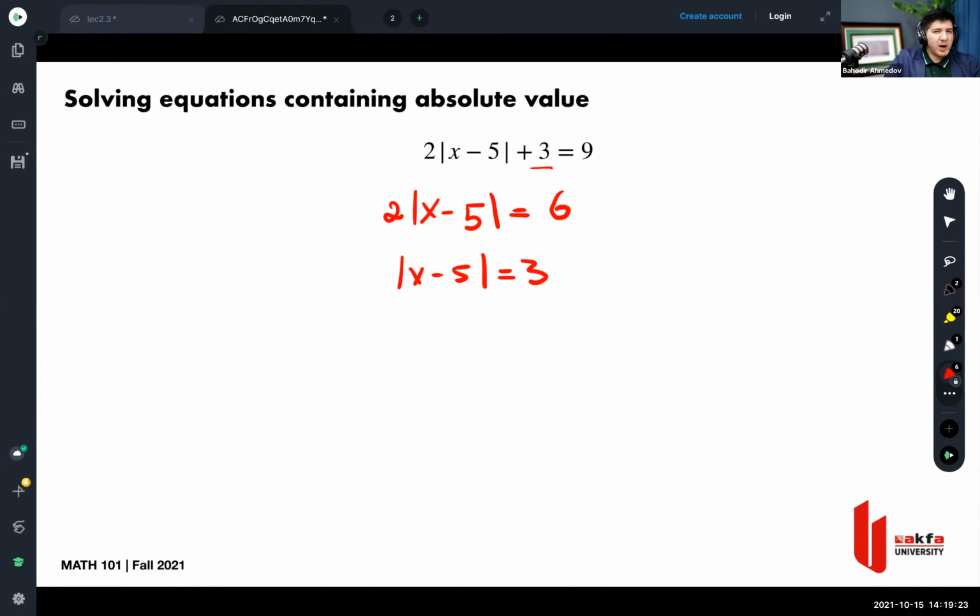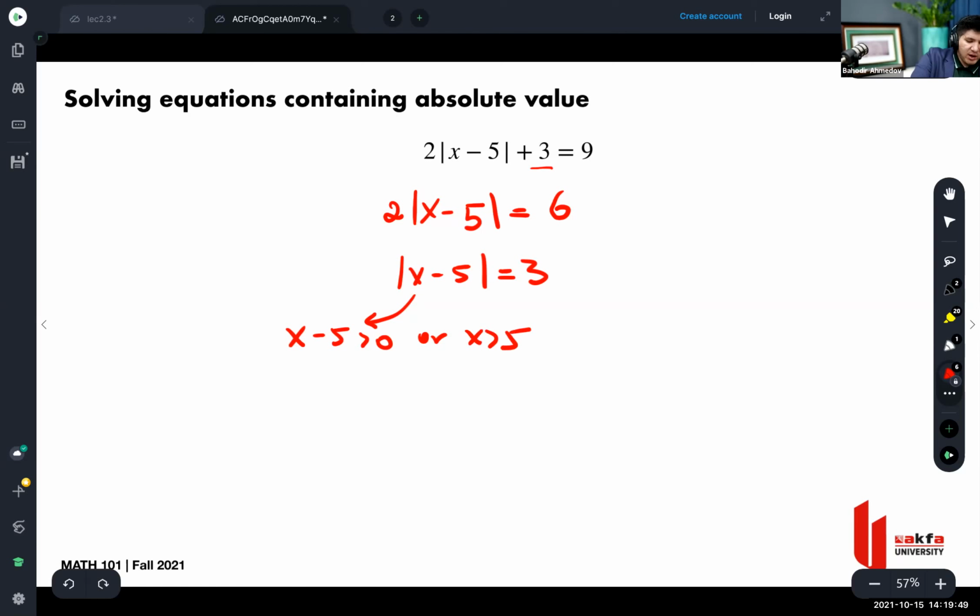Okay. And do you remember how we do the next step? The next step is we need to get rid of the absolute value, right? But we can't really just do this because we need to put some constraints. So we need to say that if x minus 5 is positive, or simply if x is more than 5, then I can simply get rid of the absolute value sign.